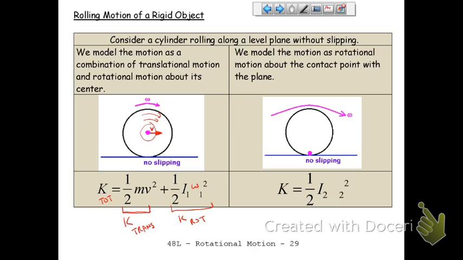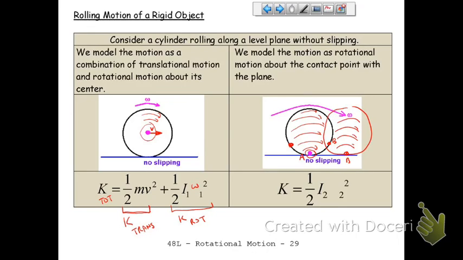I could describe this same behavior by assuming that all the mass simply rotates about an axis where the circle is touching the surface. And then when I'm down here, I have what looks like the same diagram, although, let's have a look. If this was touching point A and that was touching point B, this would be touching point B. So the actual touching point does change, but the actual mechanism is the same.